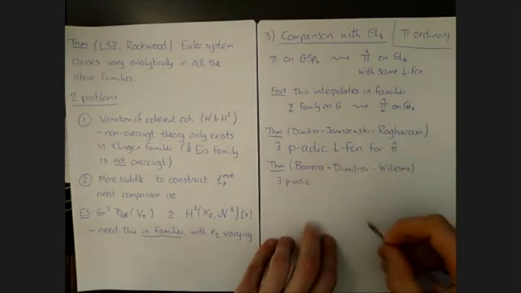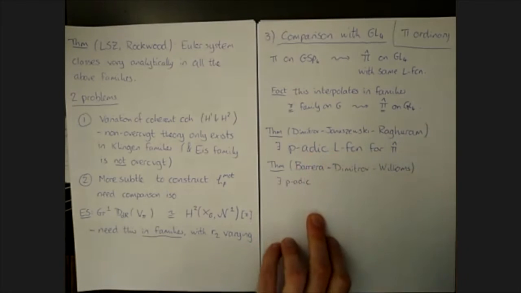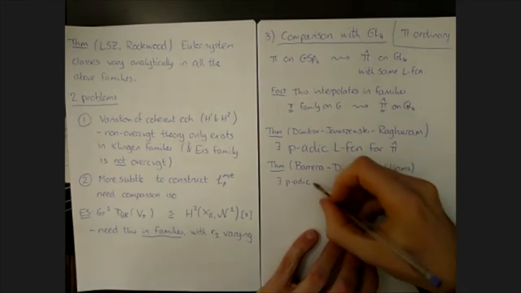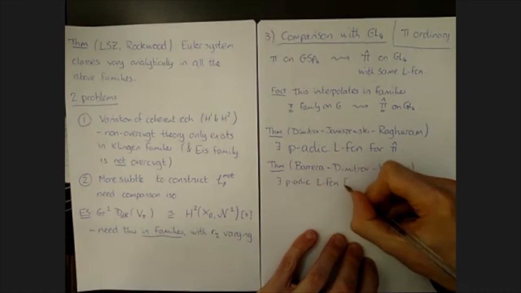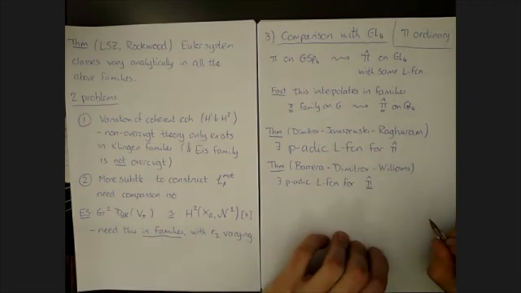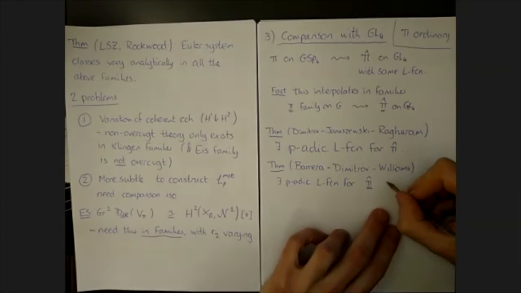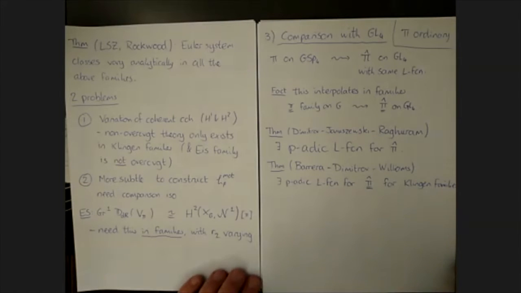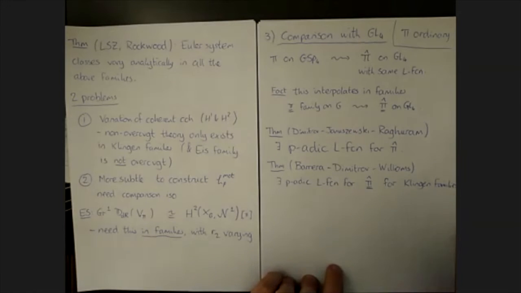There's an extension of this theorem, which is in forthcoming work of 3 people who I believe are all in the audience. I'd better get this right. So there's a p-adic function for families of lifts. And these are the kind of families on GL4 that correspond to Klingon families on GSp4.